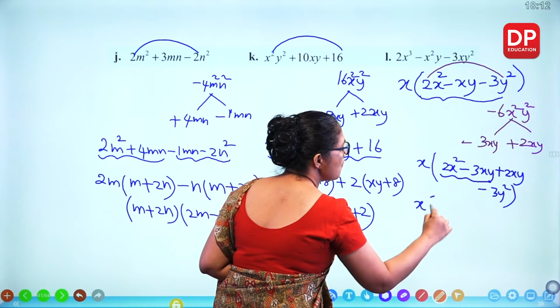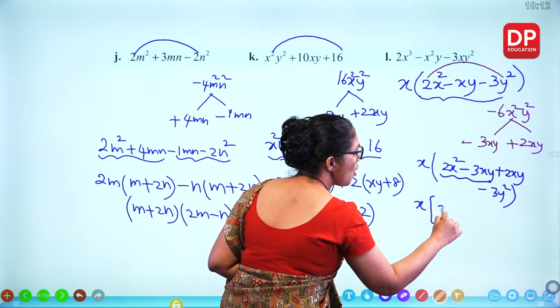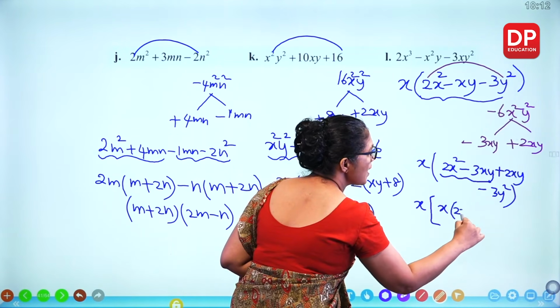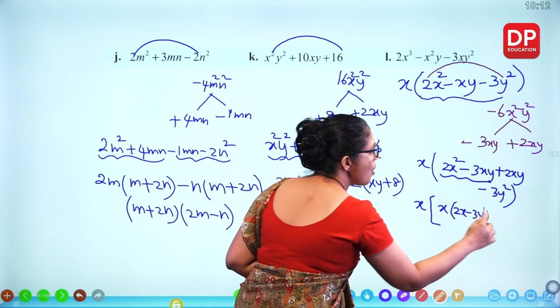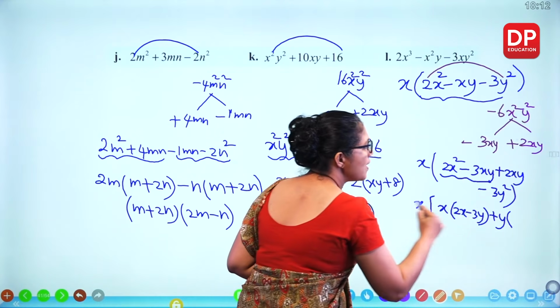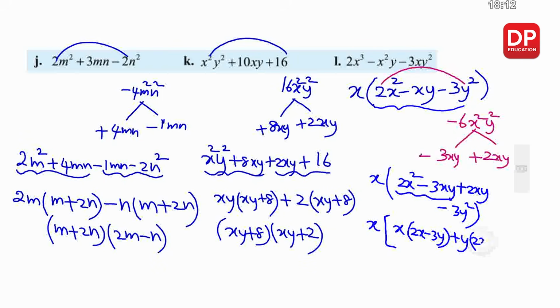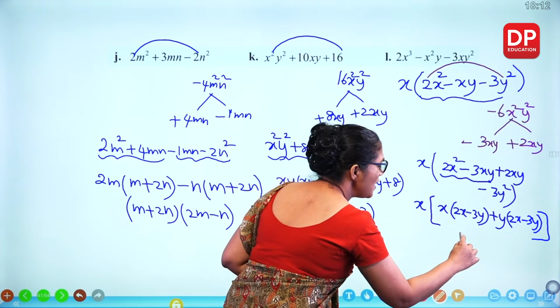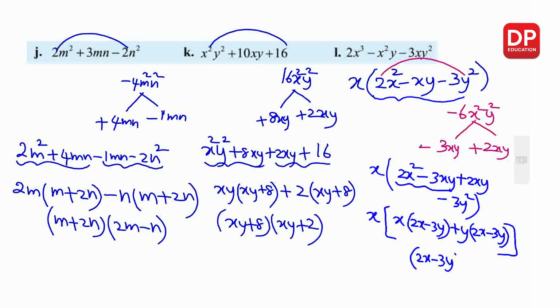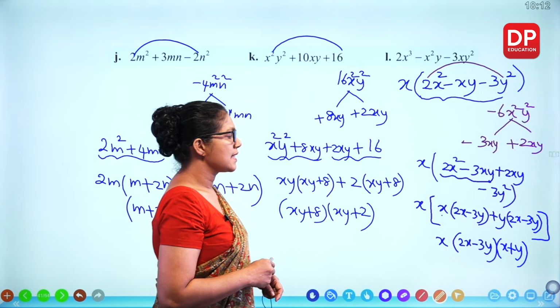Here x is common, take it out. 2x minus 3y remaining. From these two, y is common. When you take y out, 2x minus 3y. Now again I can see 2x minus 3y common and x plus y remaining. And I have to write this x in front of these two factors.